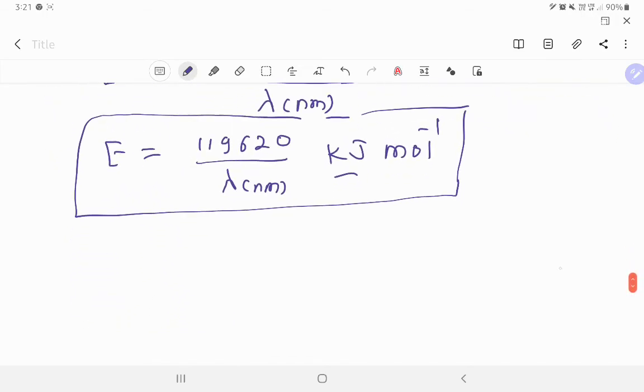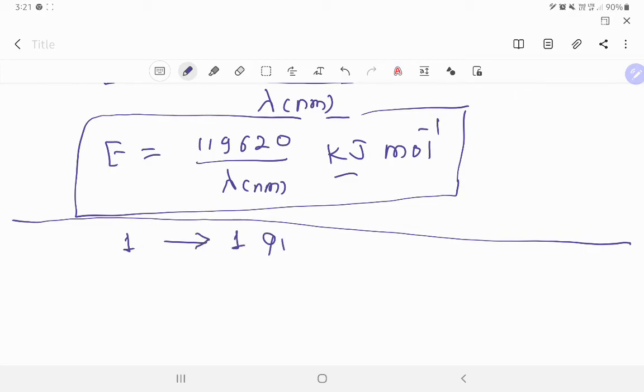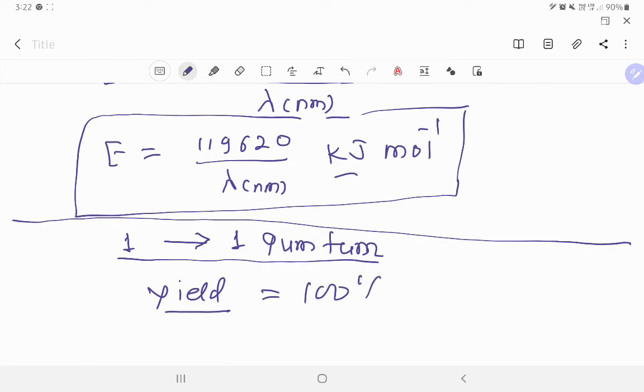Now, according to this photochemical equivalence law, the Stark-Einstein law, one molecule absorbs one quantum of radiation. Then the yield of the reaction should be 100%, or the ratio should be 1.